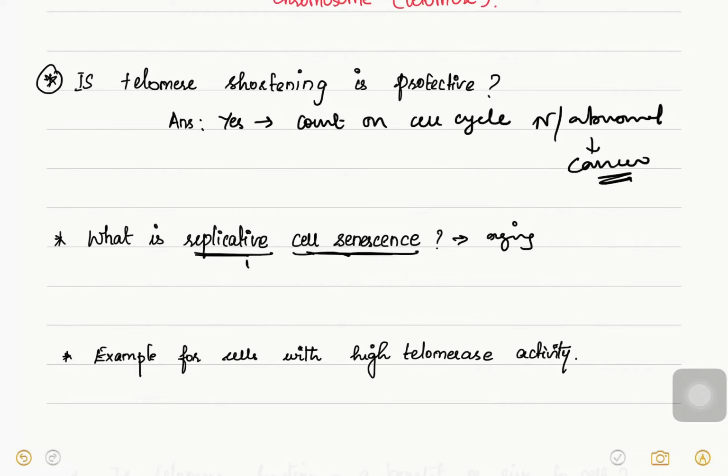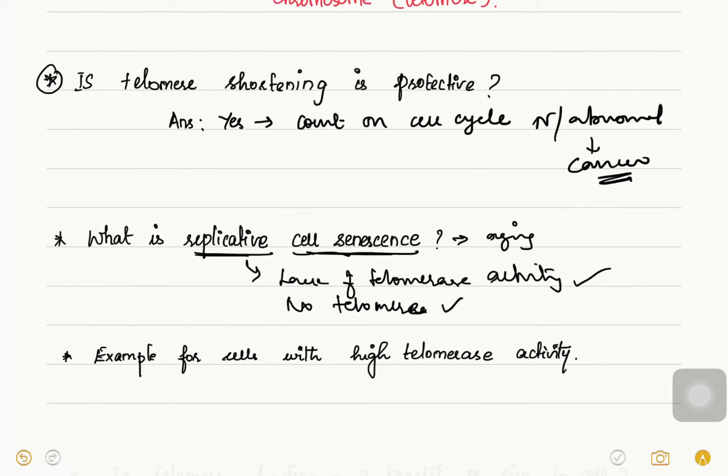That stoppage will occur only due to lack of telomerase activity or no telomeres. If there is no telomere or no telomerase activity, it means cell aging has occurred, and hence there won't be any replication after that. From there the cell cycle stops.